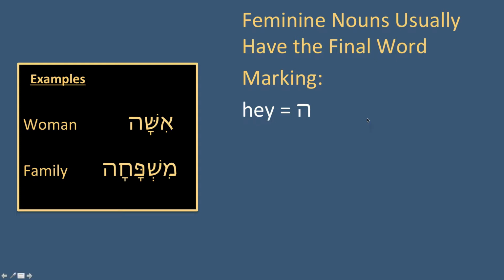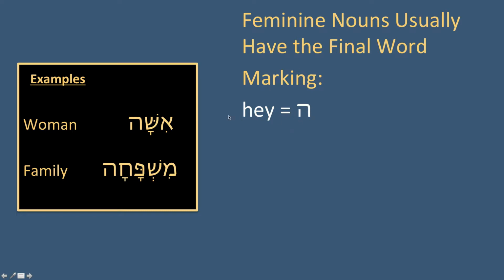So, feminine nouns usually have the final word marking, the final letter, hey. For those of you who are not yet familiar with all the letters of the alphabet, I've provided it here in transliteration. But in most cases, a feminine noun will have a hey at the end.